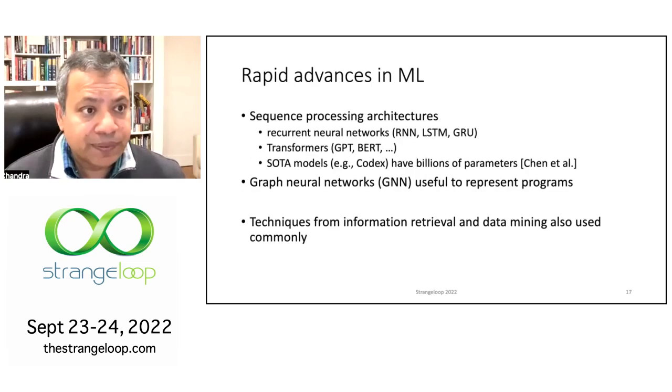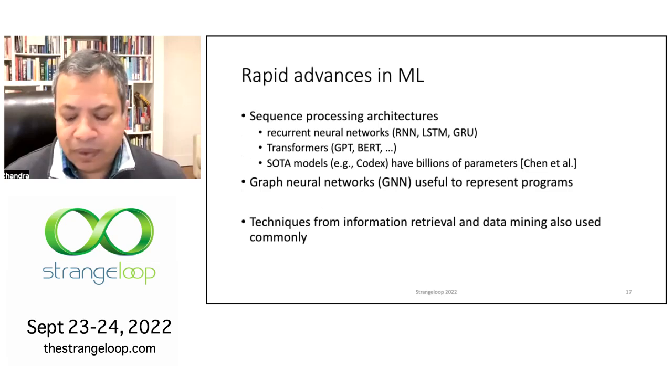Along with all that data, there have been, of course, lots of advances in machine learning itself. Just until a few years ago, recurrent neural networks were the thing, LSTM and all that. And then from about 2017 onwards, transformers took over the world. And you hear about GPT and BERT and all of that.